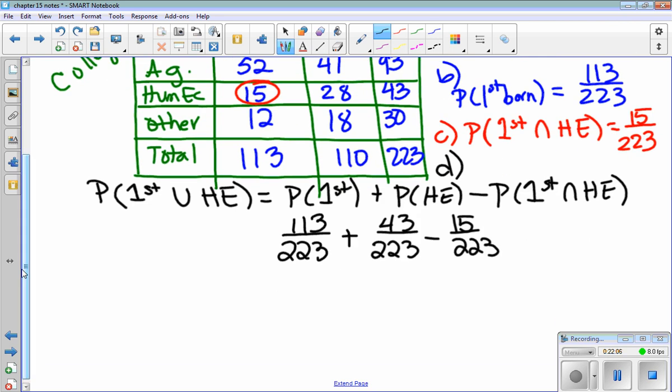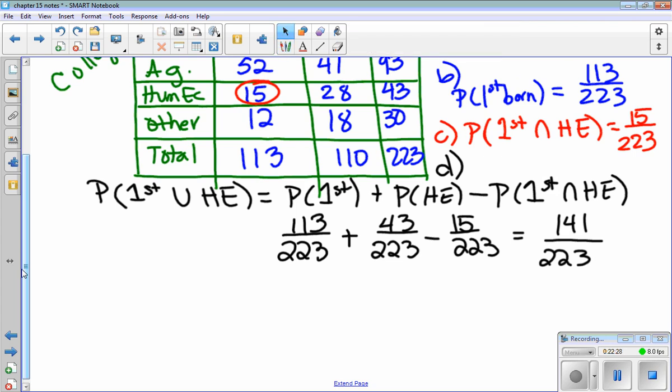Because they all have a common denominator. Can I just add the numerators and subtract the numerators? So 113 plus 43, 156 minus 15, 141. Right? Does that answer the question, Ryan? Thank you for bringing it up. I didn't realize it was that big a deal. I appreciate it. You see it differently?